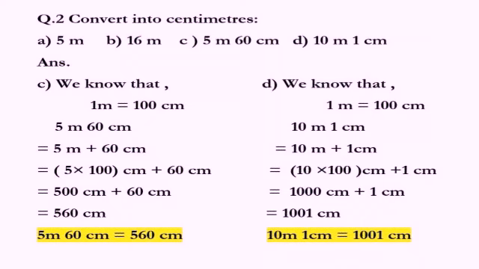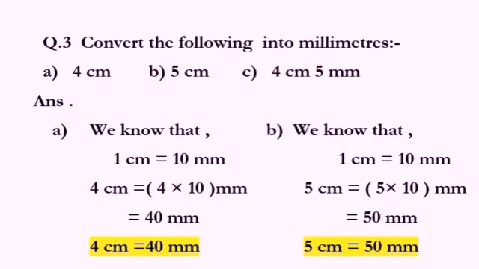Meter to centimeter, that means we need to multiply because it is bigger to smaller. So 10 into 100 equals 1000 centimeter plus 1 centimeter, so 1001 centimeter. One thing you need to remember, you have to write the proper unit in the proper place whenever you change it.